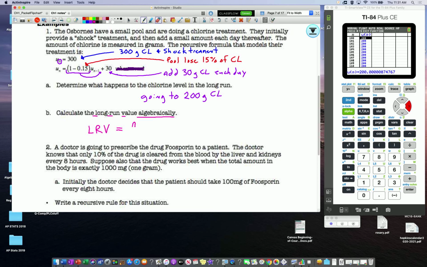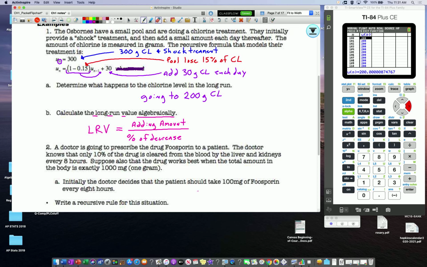You just simply take the adding amount. So, how much are you adding? And you divide it by the percent of decrease, meaning how much are you losing percentage-wise?